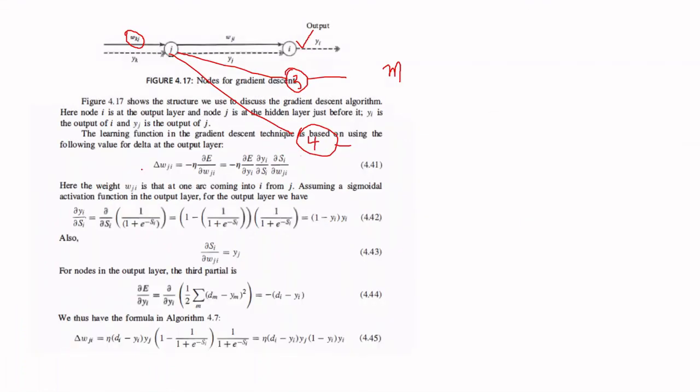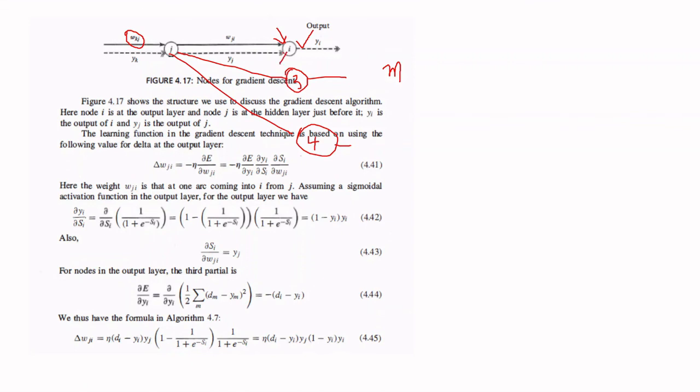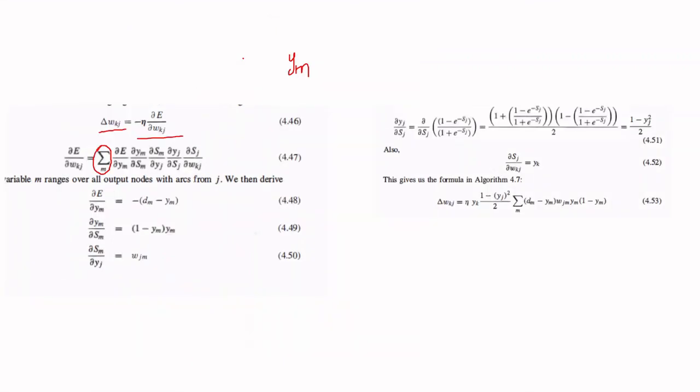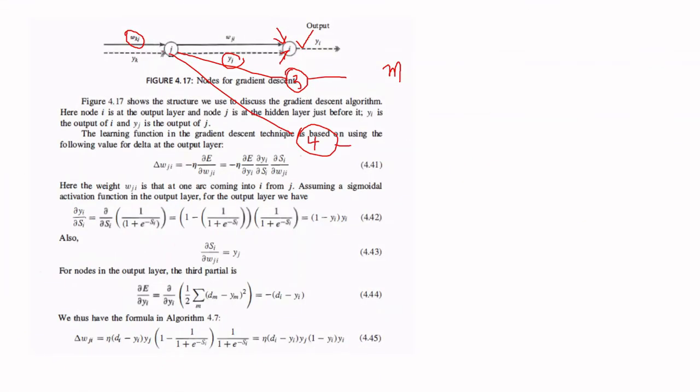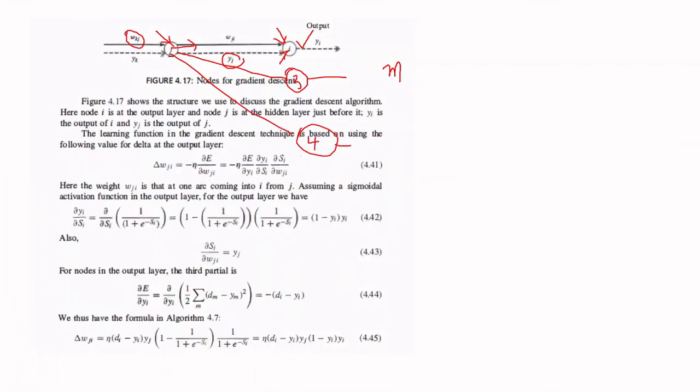Sm is the summation which comes here, and on this Sm we apply the activation function to get Ym. Then Sm by Yj, and Yj by Sj. Yj is the output from this node, and Sj is the input to this node. And Sj by dou Wkj.